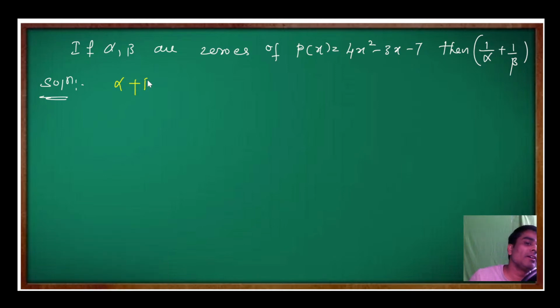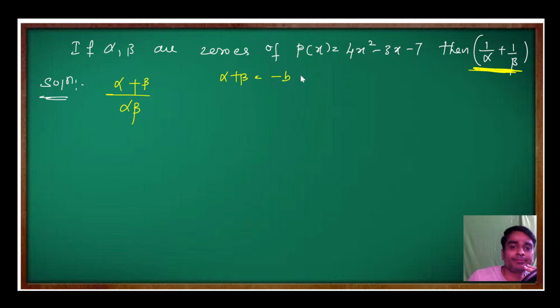It's simply alpha plus beta by alpha beta. So you people know alpha plus beta means what?